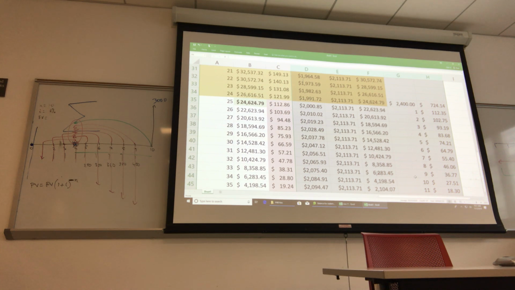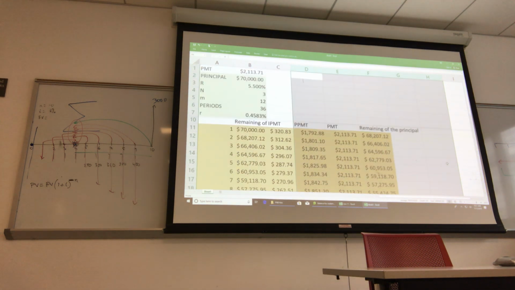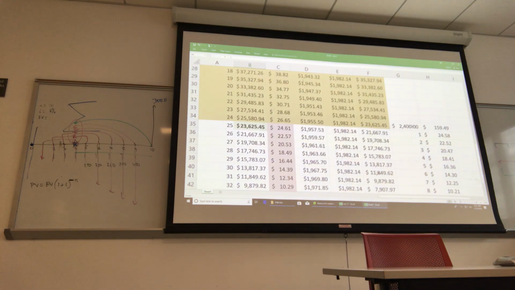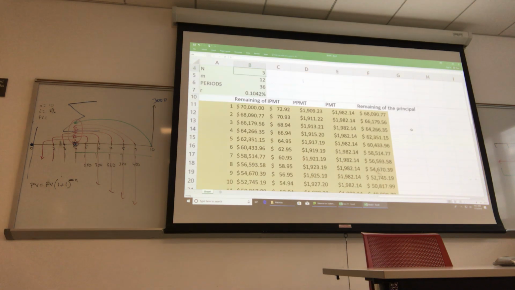If the rate was not 5.5% but 1.25%, that would be completely different. If the time is different, it would be a significant difference, and this is the idea that you get.